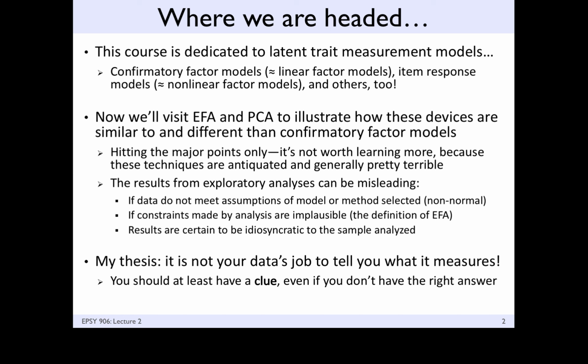We have to set the scale of the latent variable. We have to somehow figure out its mean and its standard deviation, because it doesn't exist. Things that don't exist, we pick their scale. There are four or five methods of doing that, and we'll get to that in a couple of weeks. But basically, these are constraints we have to impose to make things work.